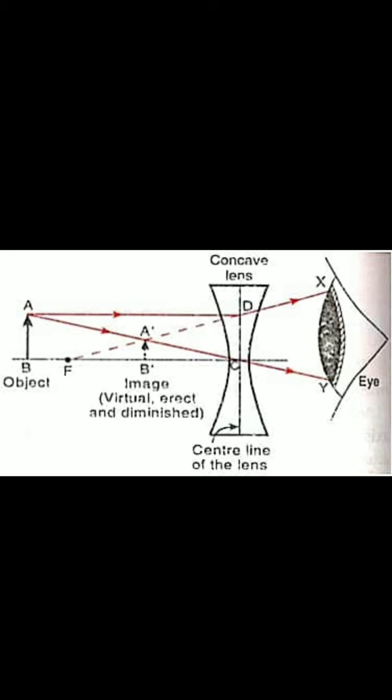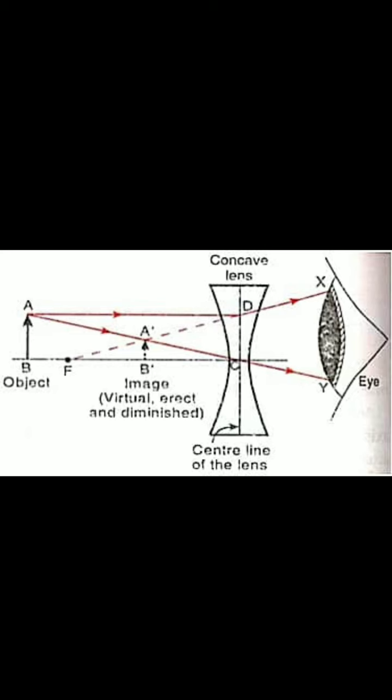That's why the image is formed on the same side as the object. Here AB is the object and A dash B dash is the image of that object. So if we keep an object in between optical center and infinity, the image is formed in between optical center and focus. That's why we do not mention F, F dash.